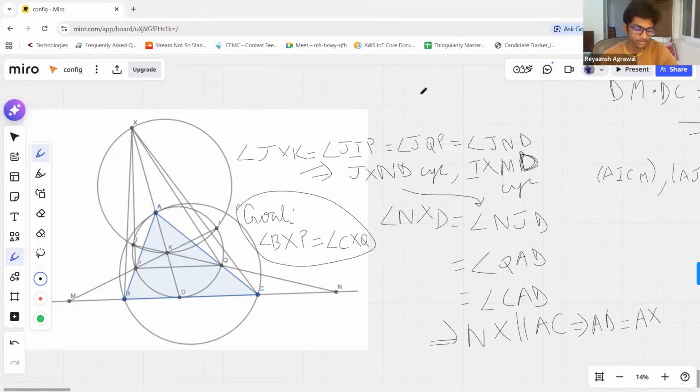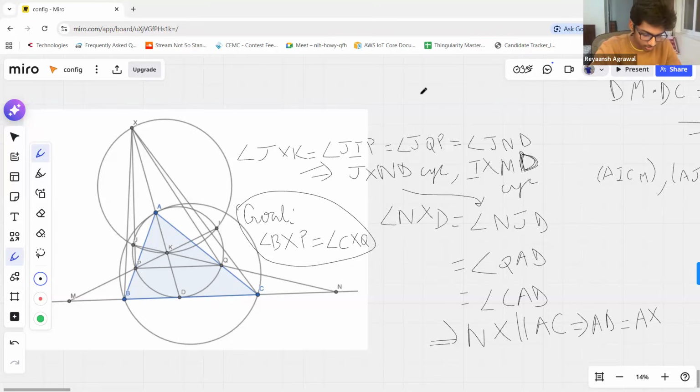Forget about X for now. Just look at similar triangles in the rest of the diagram. What do we have? For example, is ADB similar to AQD? Yes, exactly.